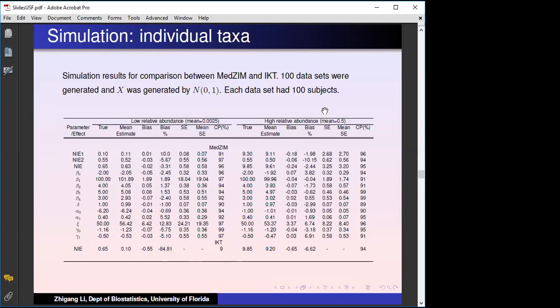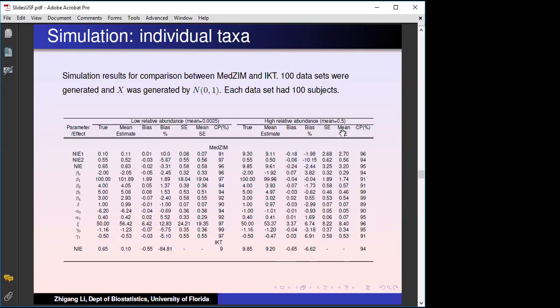In another scenario, we considered a high relative abundance. Here, the performance of MedZIM, our approach, is as expected: very small bias and coverage probability close to 95%. For the IKT, it's also not bad, because in this case there are no false zeros, since the relative abundance is very high.